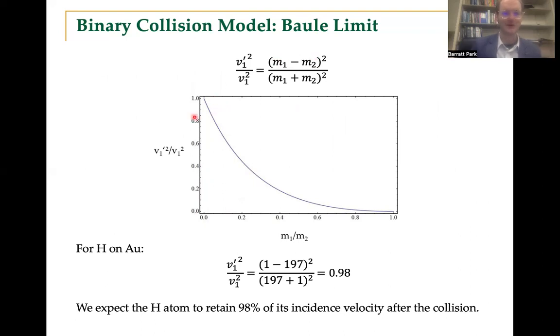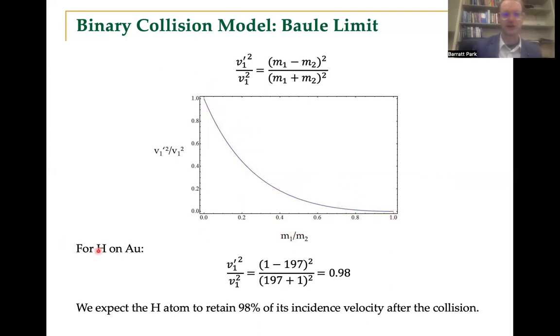If you look at v1 prime squared over v1 squared as a function of m1 over m2, then for very small m1, you expect this ratio to be very close to 1. In other words, all of the velocity is retained in the light atom. And then the ratio decreases as the mass ratio approaches 1.